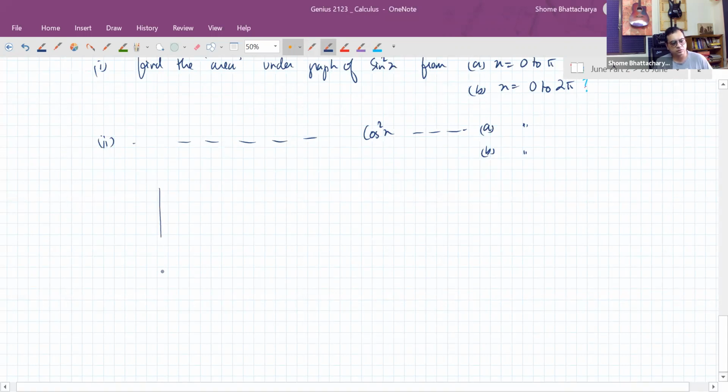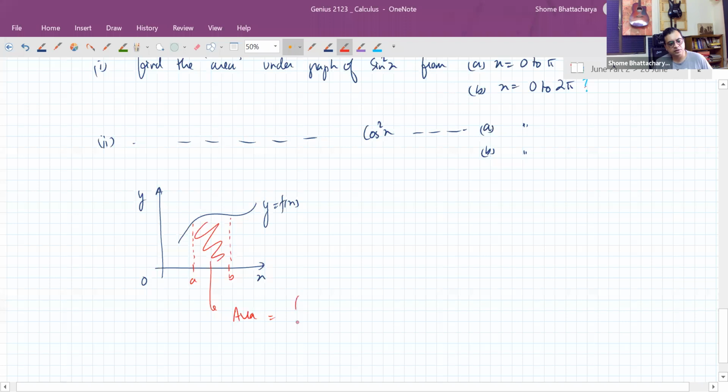As you know, if we have any function and we want to find the area under the curve between the points A and B, this area comes by putting the limits on the indefinite integration.